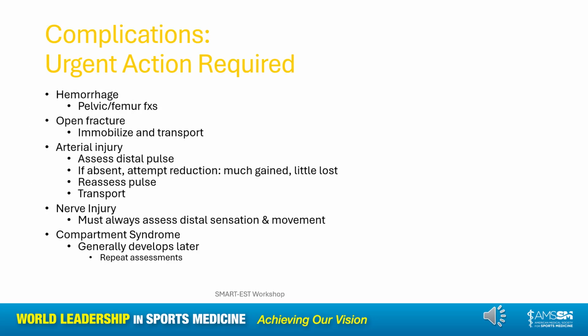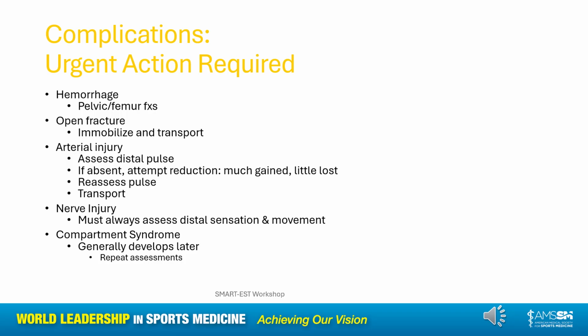There are several complications that require urgent action when dealing with dislocations. First of all, hemorrhaging, especially when we are dealing with an associated pelvis or femur fractures. Open fractures, it's important that we immobilize and transport those patients as quickly as possible.